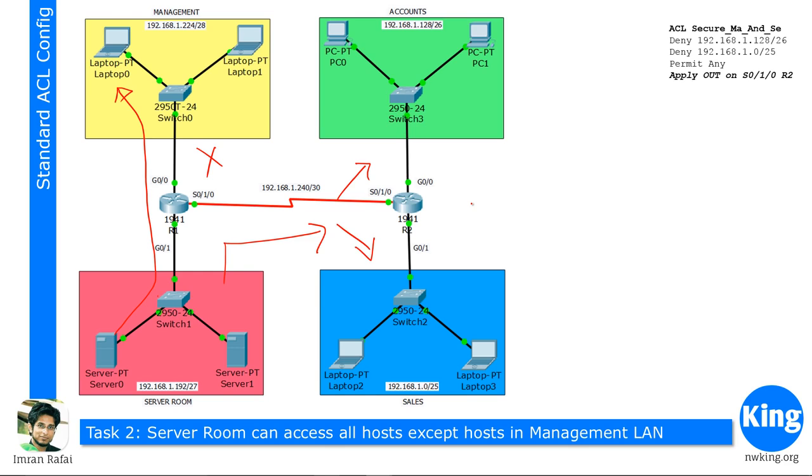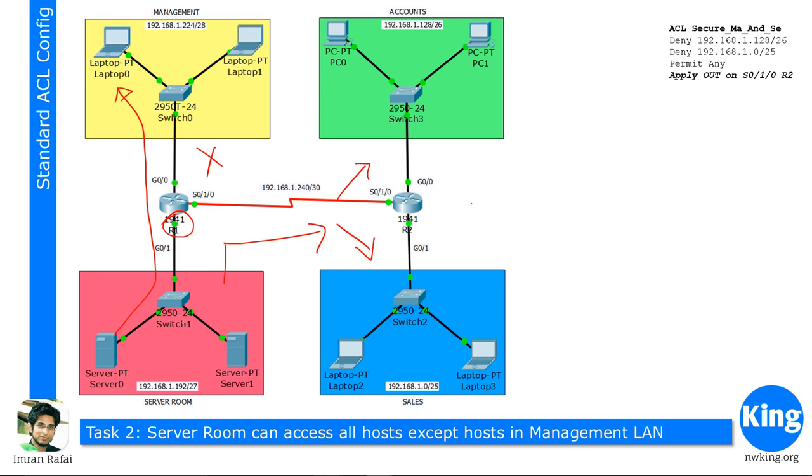So first, let's identify the data flow path. The data flow path for server to communicate to management is this. That means it goes through G0/1 of R1 and then gets out of G0/0 of R1, right? So if I'm going to put a standard ACL which says deny 192.168.192, and if I put it in G0/1, what will happen?